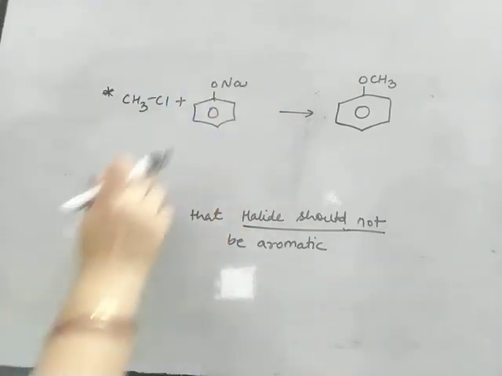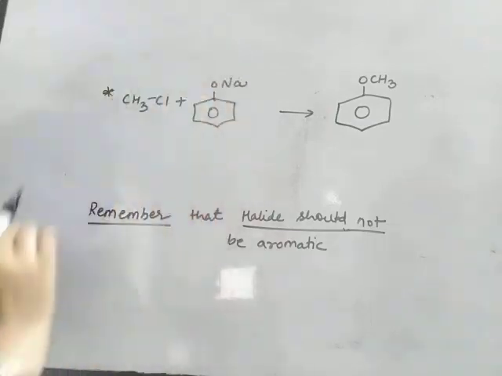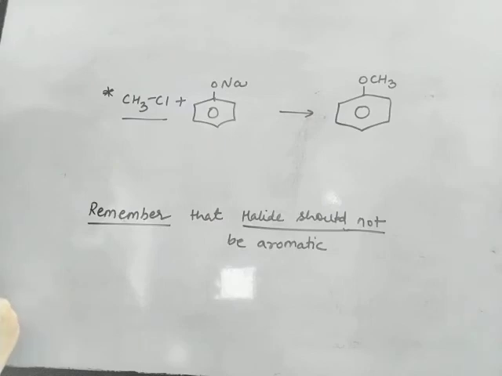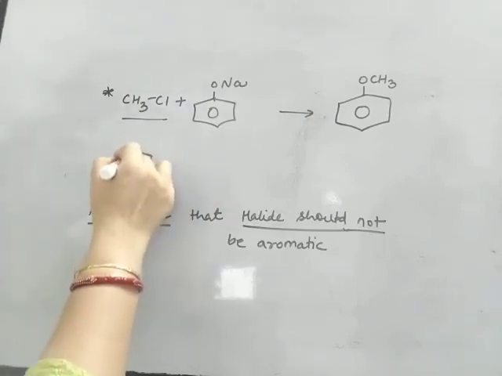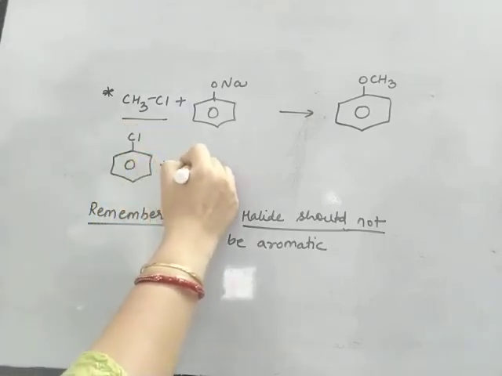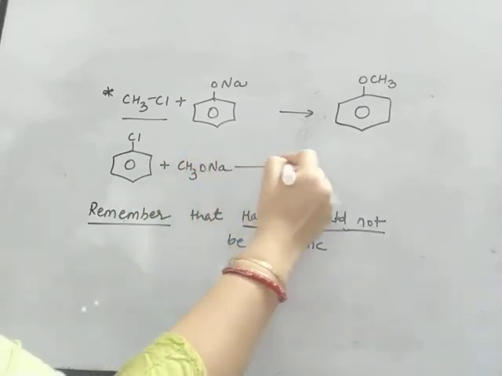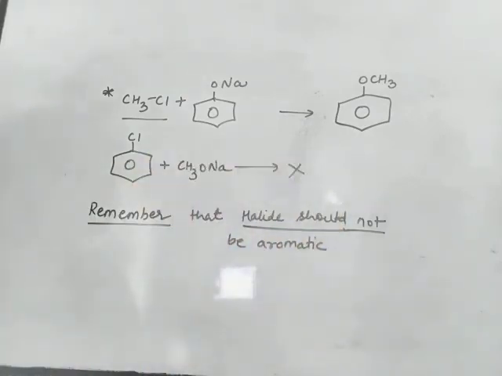The aromatic sodium salt I have taken, that is sodium phenoxide, and the halide is of carbon. And suppose I take this, the reaction will not occur. So for preparing aromatic ethers, it is best that you don't take aromatic halides.